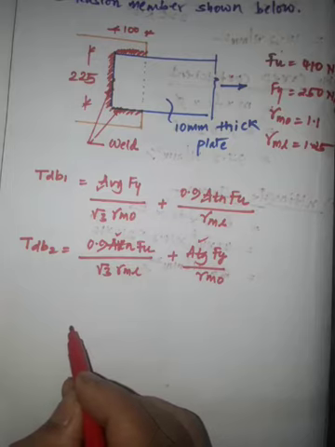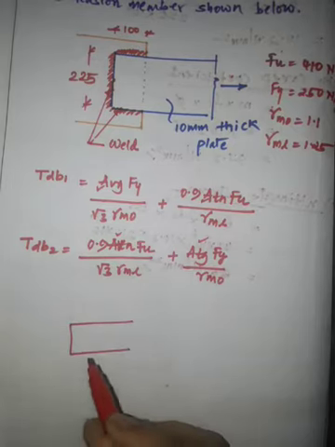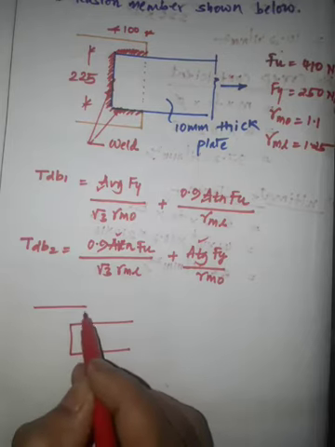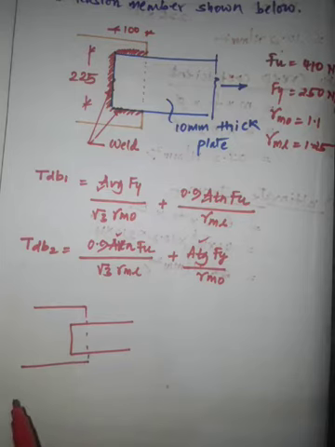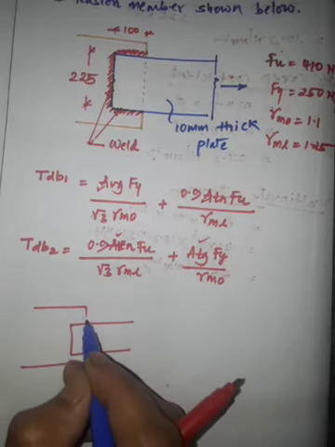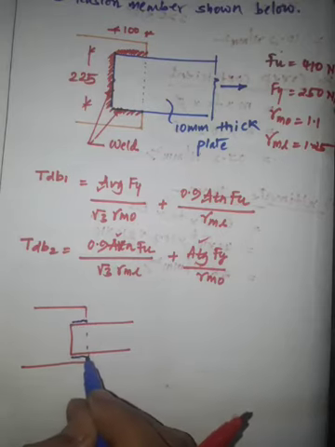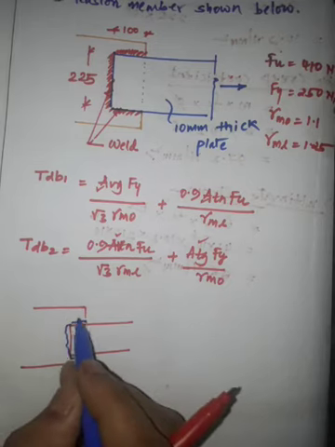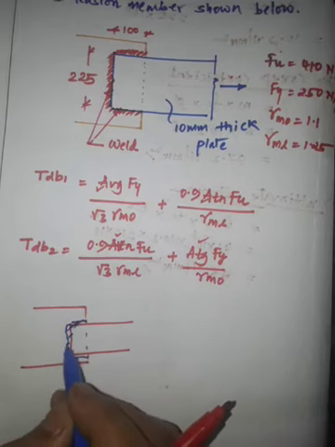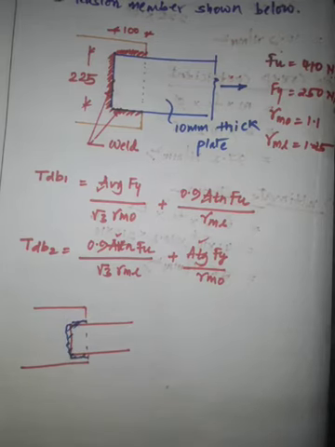This is the main plate, there is a tension member, and this plate is connected over like this. The block shear failure should occur. The failure should start from here, here and here. So it will act as a block, and this part of the plate will cut and get separated.